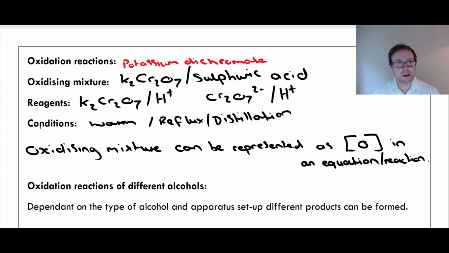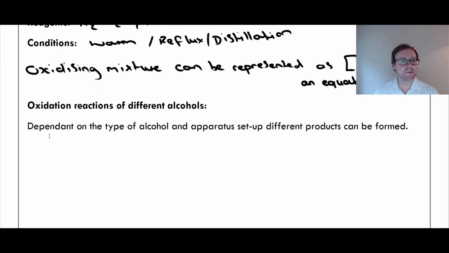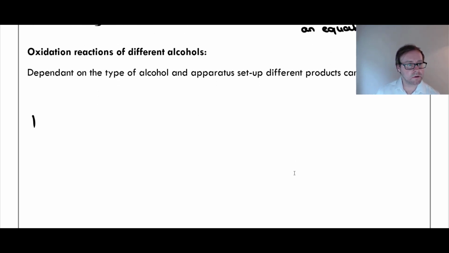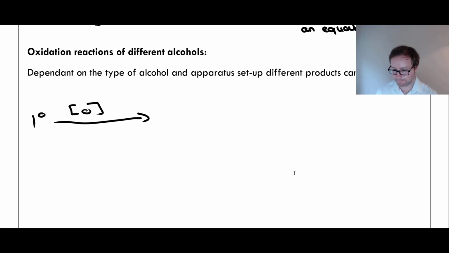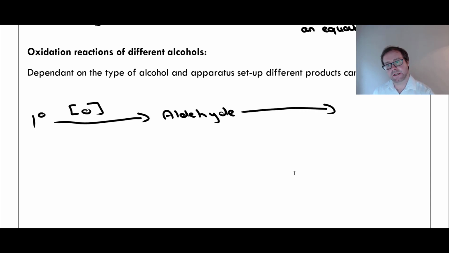Okay, so right, a big table's coming up. So oxidation reactions of different alcohols. Depending on the type of alcohol and apparatus setup, different products can be formed. So if I start with my primary alcohol and I oxidize it, I will form an aldehyde. If I oxidize this, I will form a carboxylic acid.